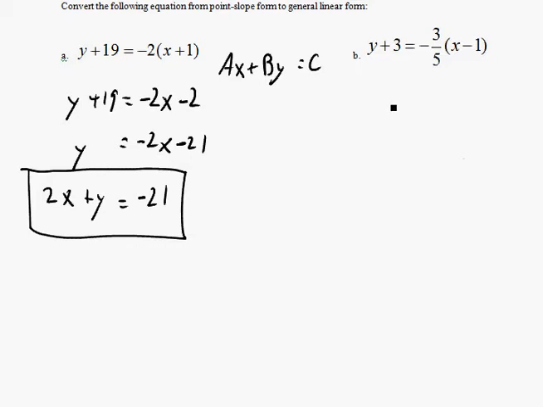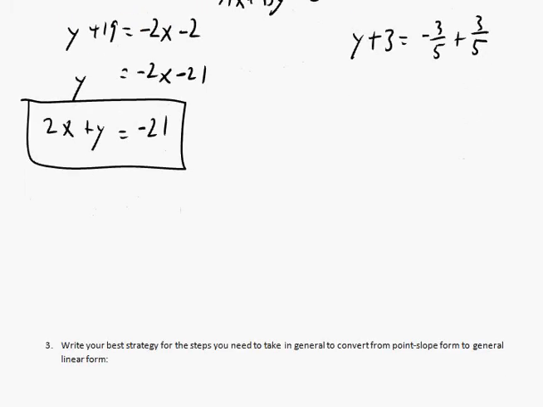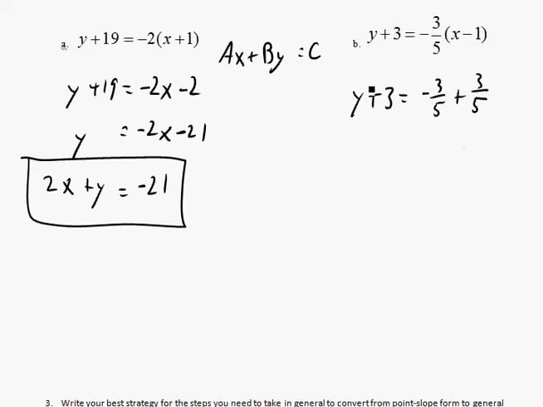Now, for part B. Again, I will start by distributing the slope. So we have negative 3/5 times x plus 3/5. Now, I will subtract 3 from both sides. So we would get y equals negative 3/5 x plus 3/5, take away the 3.